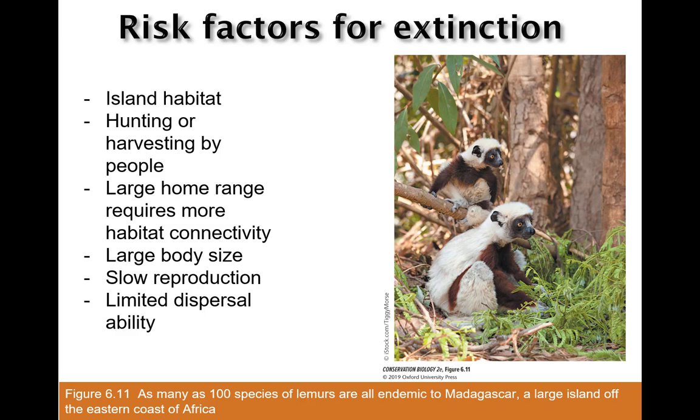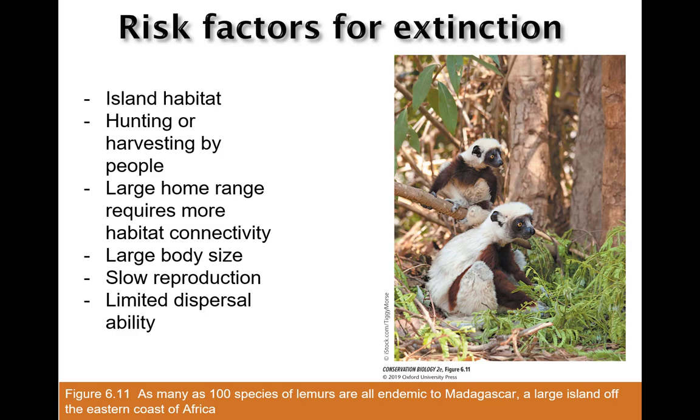And so those large body sizes tend to be at higher risk of extinction, and they also tend to be hunted more by people as well. Slow reproduction, then, is an obvious reason. If you have a species that only produces one offspring every 3 years, then it's going to recover much slower than a species of, say, insect that produces thousands of offspring in a single year.